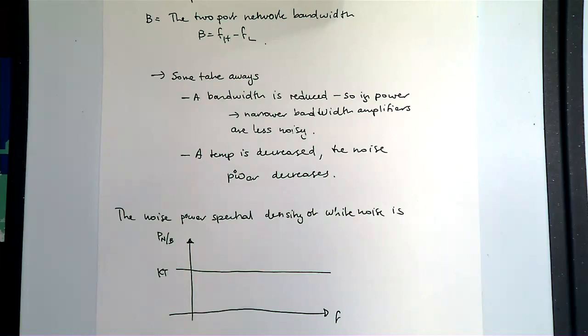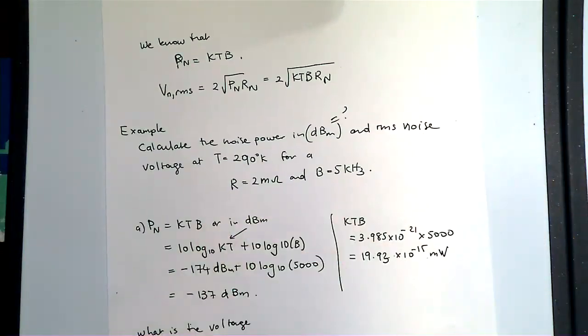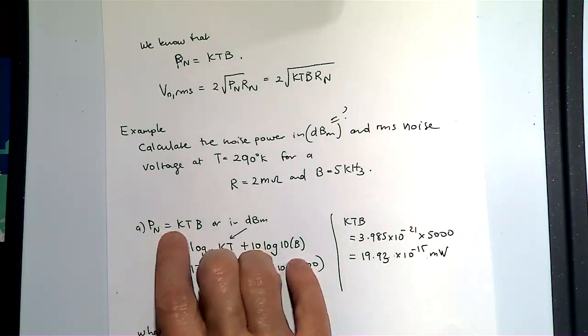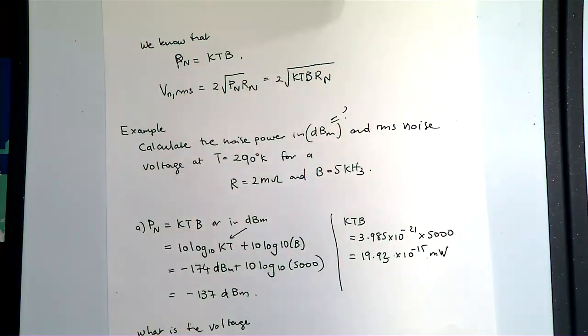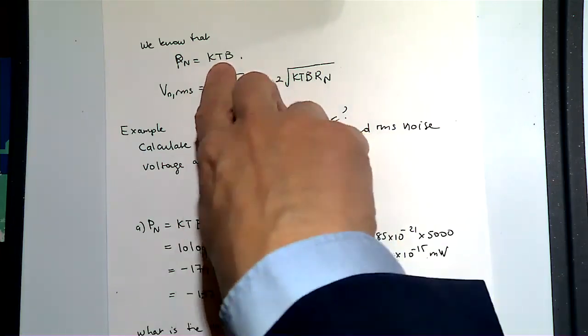Then what we talked about, briefly, was the power in a particular bandwidth, and the concept that the power is equal to kTB, right? K is Boltzmann's constant, T is what?